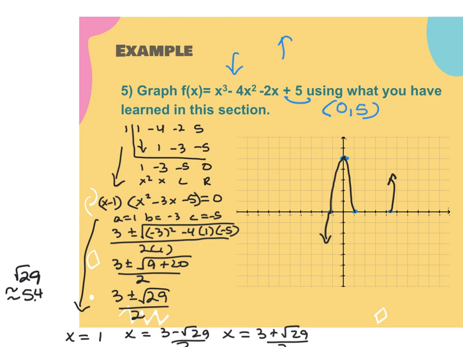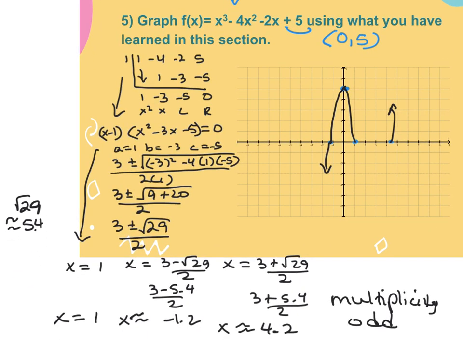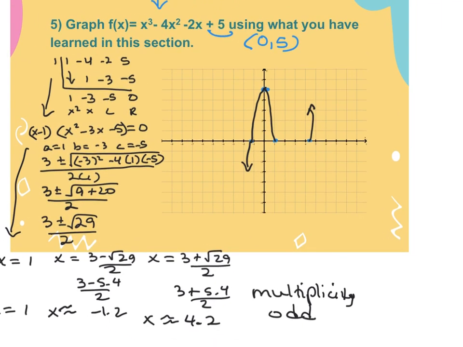So I'm going to plug in positive 3. Put the coefficients, the 1, the negative 4, the negative 2, and the positive 5. Bring down, multiply, add the column, multiply, add the column, multiply, add the column.